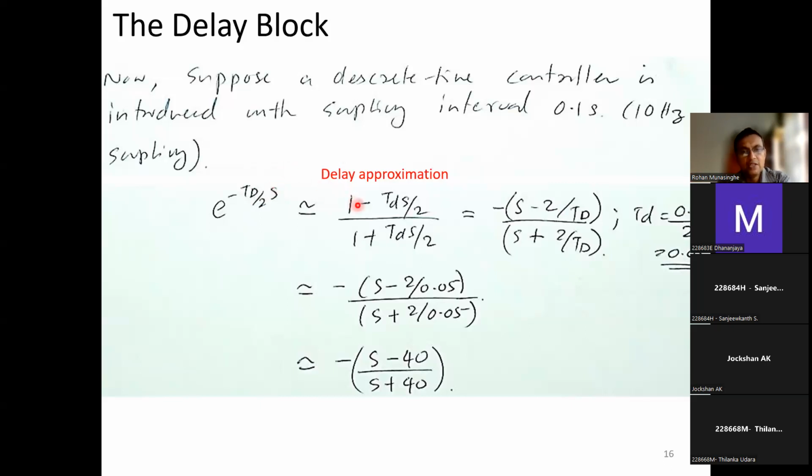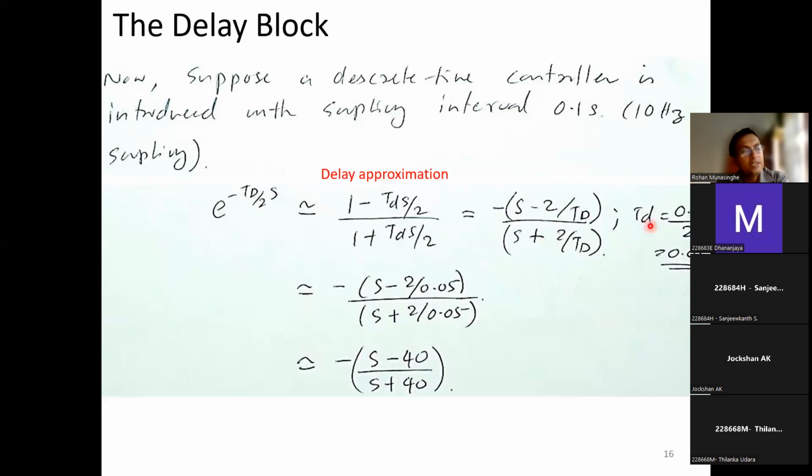And now we have another approximation for the delay, e to the minus TD over 2 s. This whole block can be represented like this. If you know the delay, and you want to simulate the plant with the delay, all you need to do is include this block in front of the plant, and simulate and see what you get.